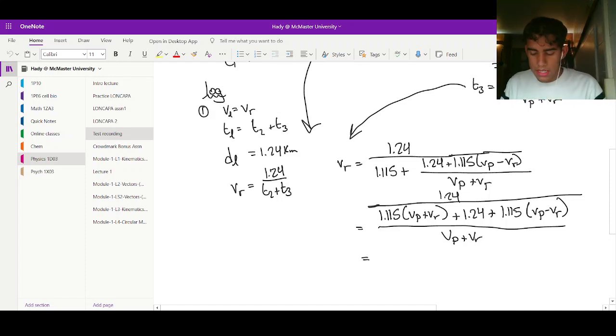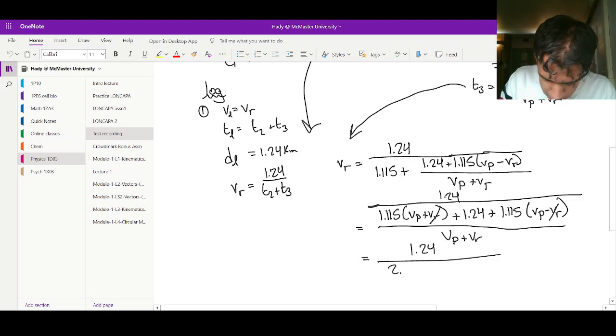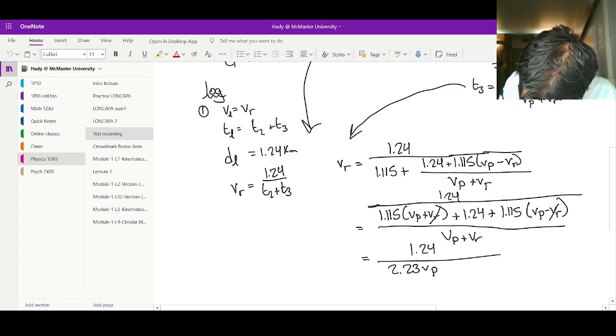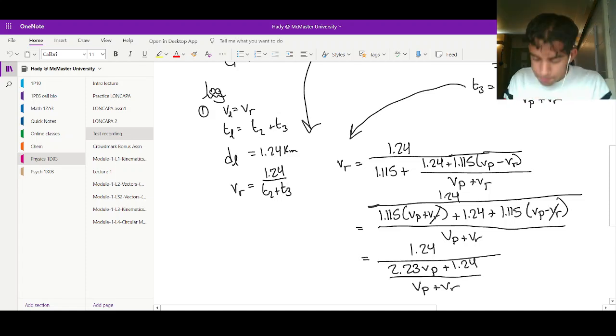So now, what do we see? We see some things cancel out here. So the 1.115 times (VP plus VR), and on the other side we have minus VR. We can cancel these two VRs out, and we'll end up with 1.115 VP plus 1.115 VP. So it's 2 times that: 1.115 times 2 is 2.23 VP, plus 1.24, all of that over VP plus VR.